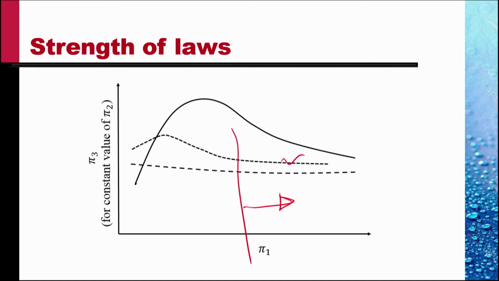But on this side, the strength of the law is not negligible, and we need to worry about pi 1. So if we are doing segmented modeling, we could neglect pi 1 over this range, but not over this range.